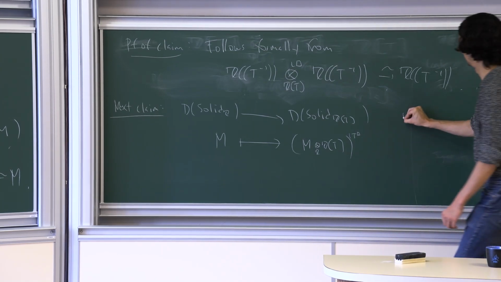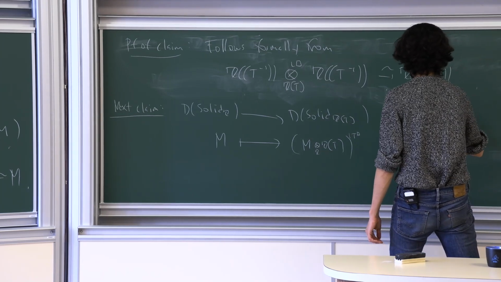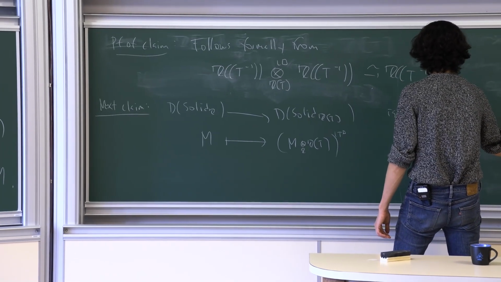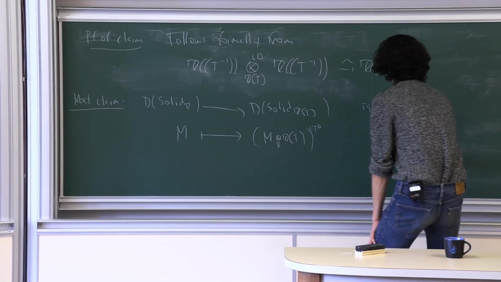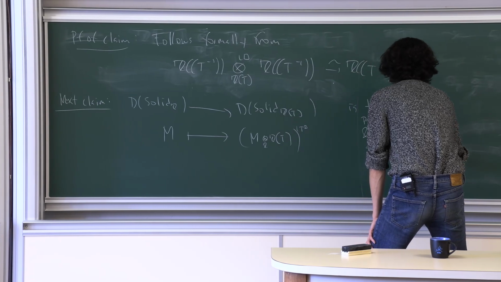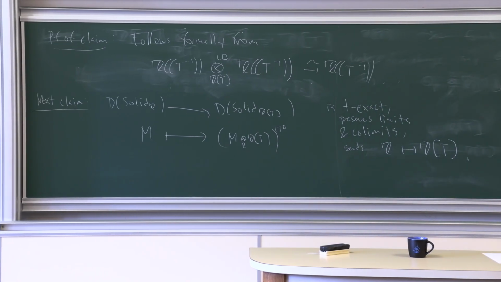This functor is T exact, preserves limits and colimits, and it sends Z to ZT.